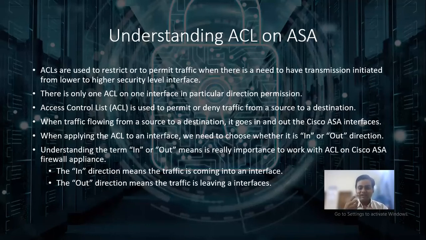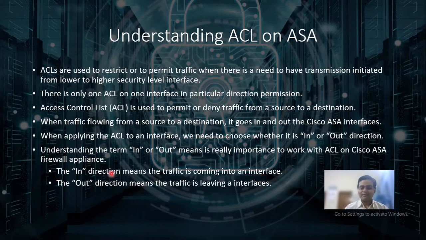When we configure this ACL, which you're going to see now, we will see how to use the in and out commands so that we know what we want to configure exactly. Understanding what in or out means is really important for working with ACLs on a Cisco ASA firewall appliance. In direction means the traffic is coming into an interface.